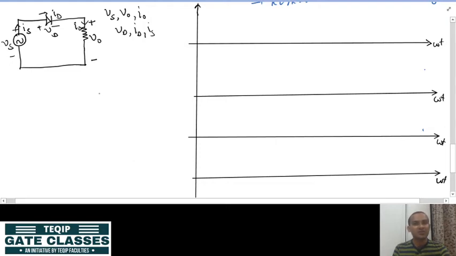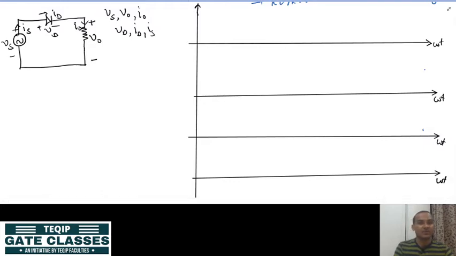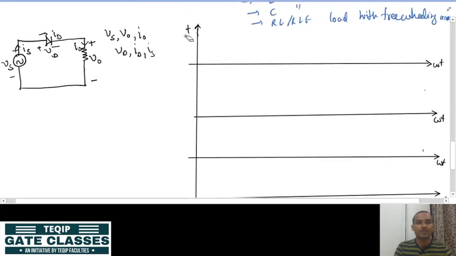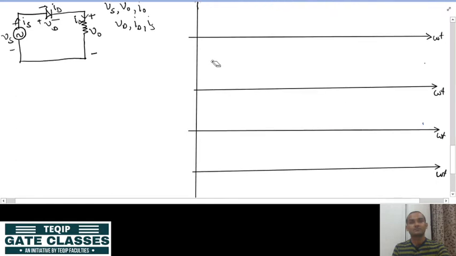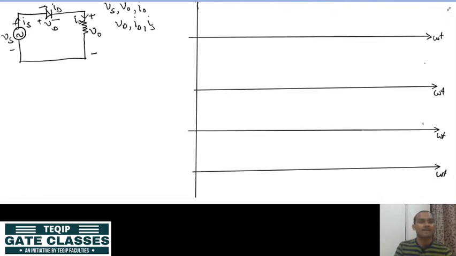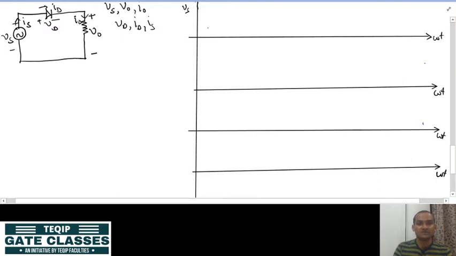So, just focus on how I am doing it, what steps I am telling you to draw the waveforms and then analyze it. Alright. First step: let me make the source voltage first. For example, this is my source voltage.